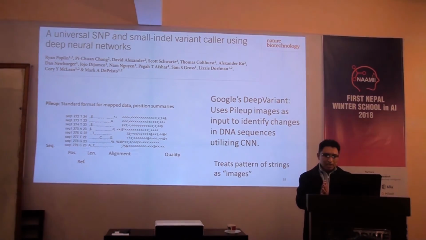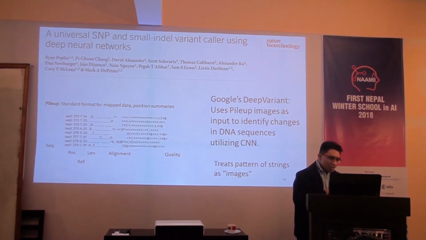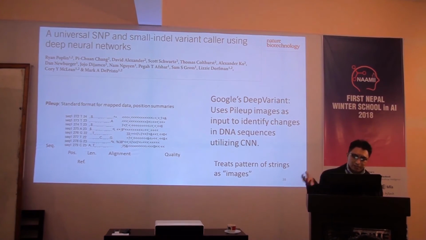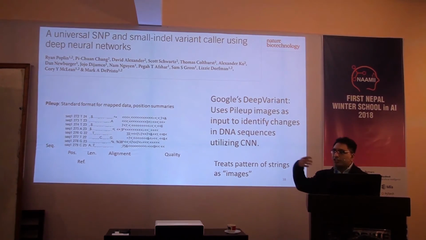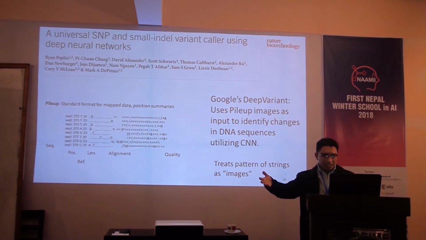They developed a model called Google DeepVariant. This model really tackles the problem of identifying mutations, all the changes in the human DNA, in the DNA sequencing data.